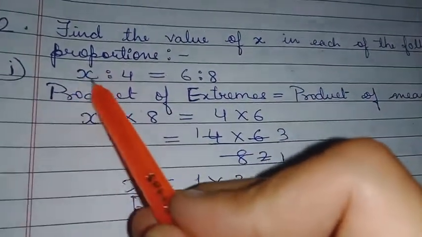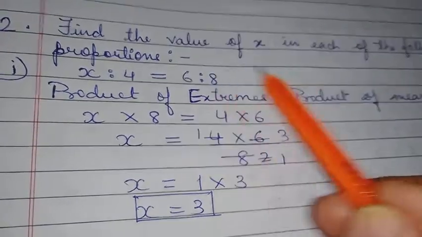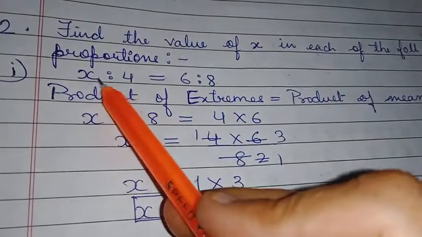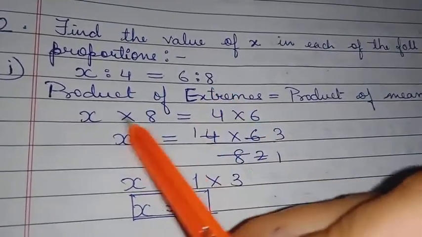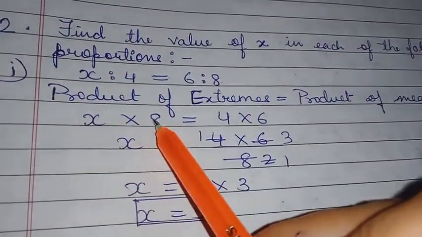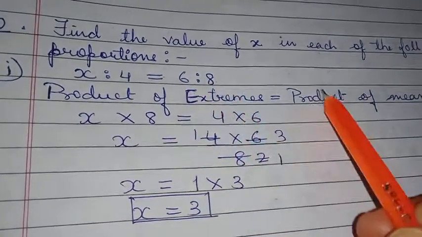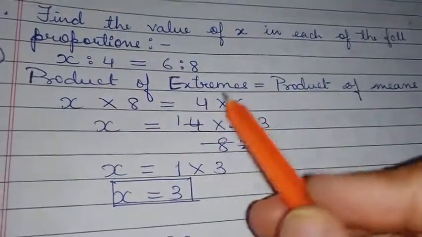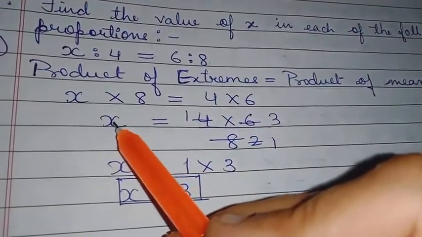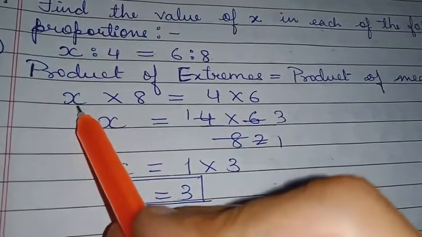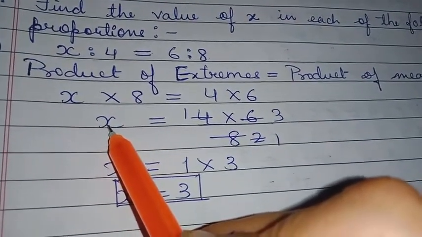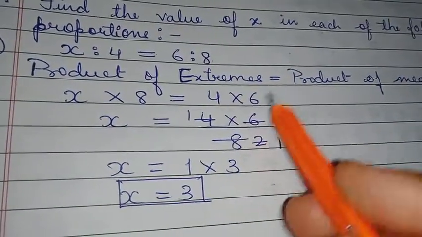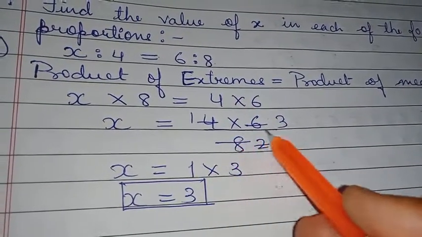So product of extremes is equal to product of means. You know, x and 8 are extremes and 4 and 6 are means. So product of extremes means x multiplied by 8. So I have written here x multiplied by 8 is equal to product of means. Means middle two terms, 4 multiplied by 6. Now I have to find value of x. So I have kept x on LHS and multiplied by 8. I have transposed to RHS and it has become divided by 8.